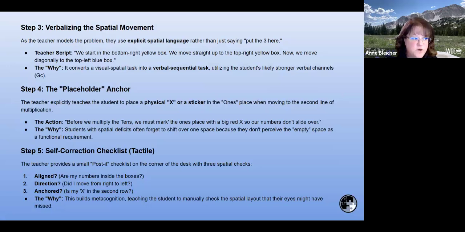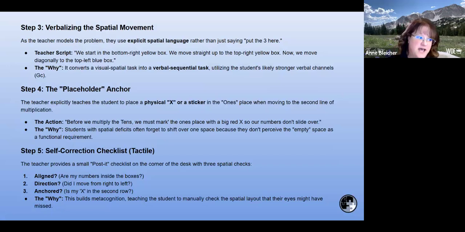And then in step 4, you teach the student to use a physical placeholder anchor so that they understand why they're doing that. It serves as a concrete anchor, and it makes the invisible concept of shifting place value visible and intentional for them.